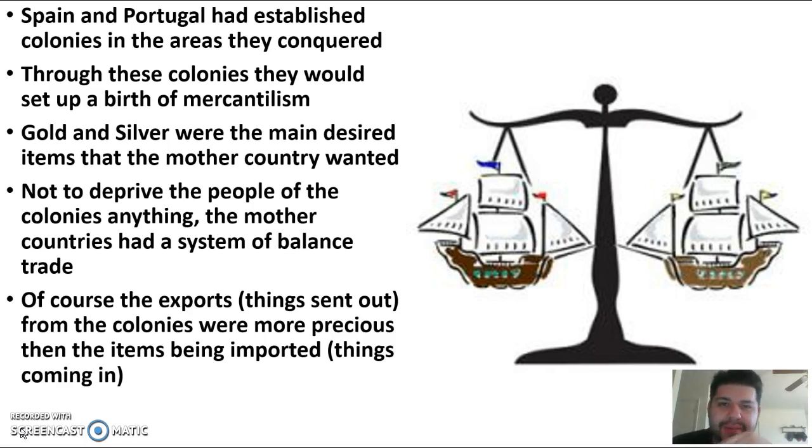It's spelled different, but port, import. Things are coming in, right? So hopefully that sticks with you because you'll be using this word again the rest of this year too, and next year for your U.S. history.